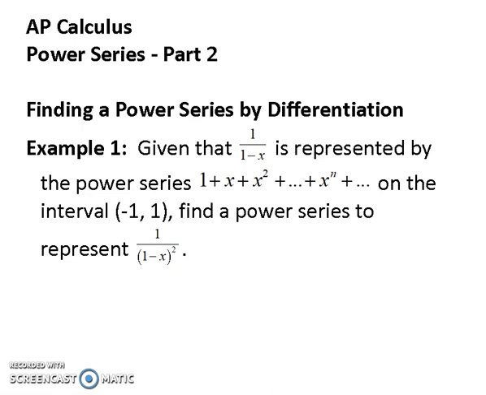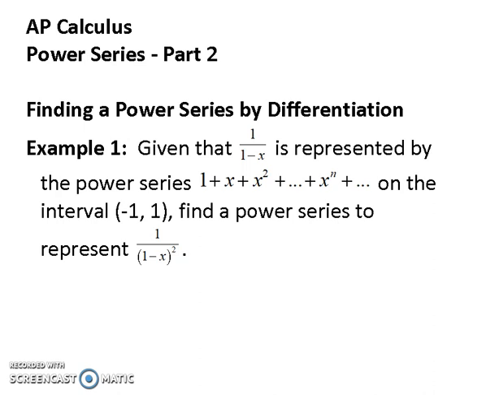In this particular problem, and in a lot of these problems that involve differentiation or integration, they will start by giving you the terms for one particular power series, and then ask you about a different power series that's somehow related to the first one.